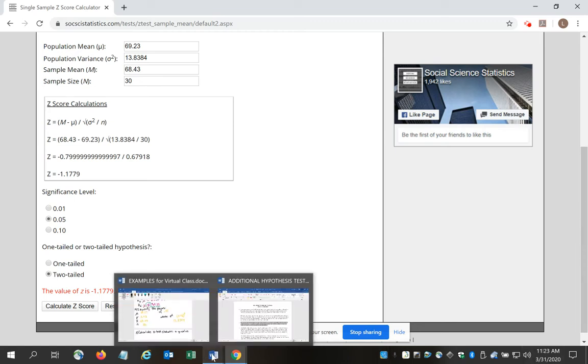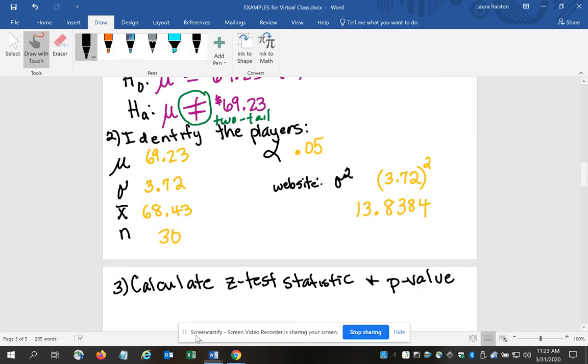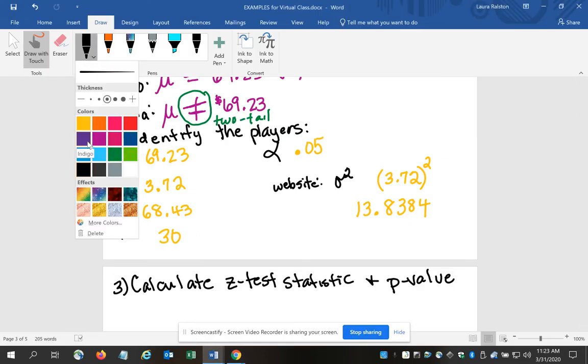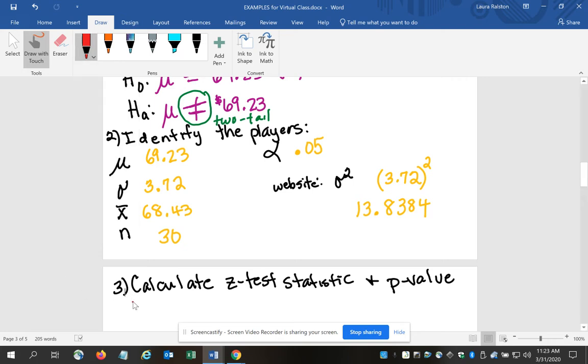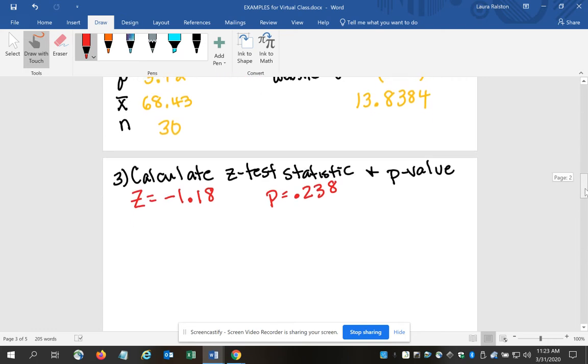Okay, so again, we typically round our Z's to 2 decimal places. So I'm going to come back and write that down. Okay, so I have Z equals negative 1.18 when you round it to 2 decimal places, and P is 0.238. Then I'm ready for step 4.